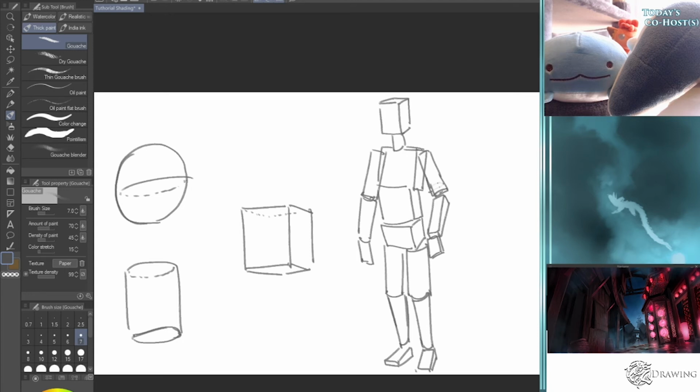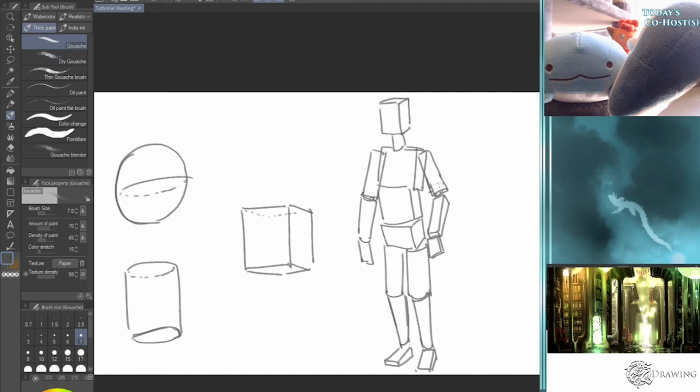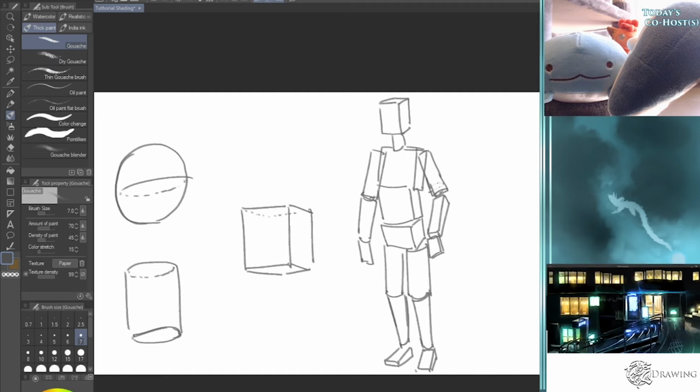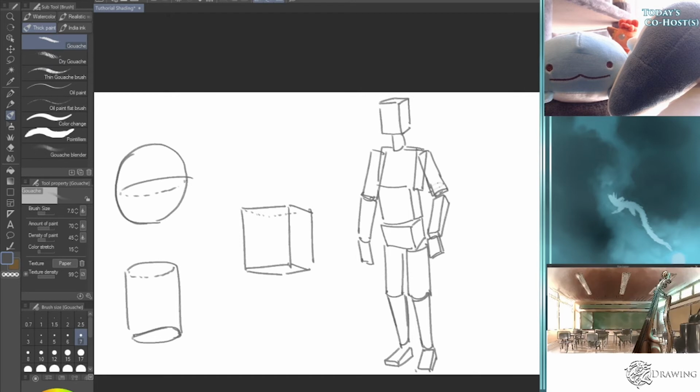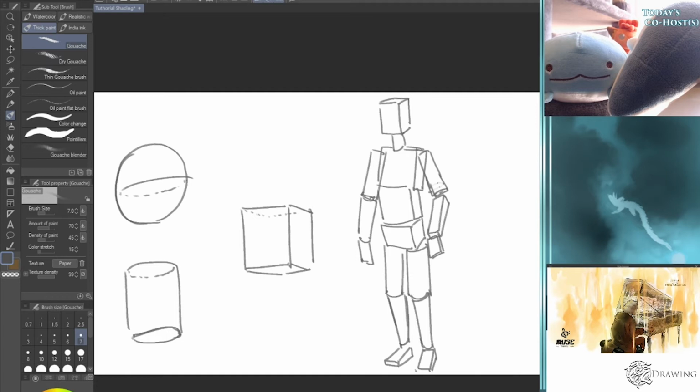So the number one thing that you want to be able to do whenever you're going to shade something is to break it down into shapes like this. Now, obviously I'm using characters, but you should remember that this applies to backgrounds and props as well. Anything is a combination of these three objects in some shape or form. That's a good basic way to think about it.